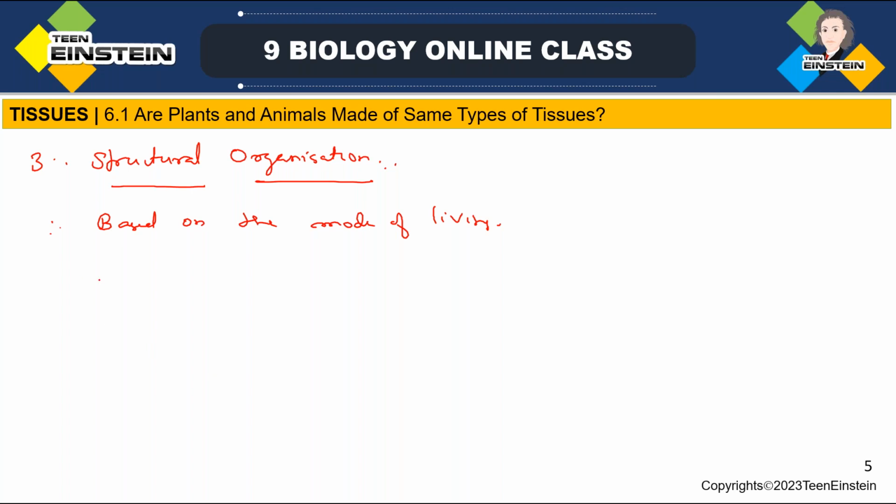So based on all these, the concept of tissue came in animals. You can see different organs and organ systems, right? We know that one particular organ is for one particular function, lungs for breathing, right?